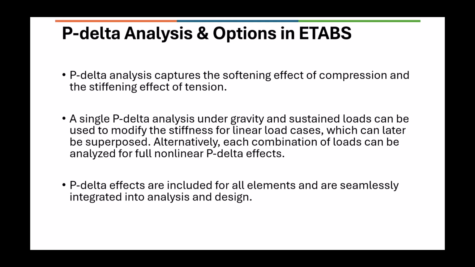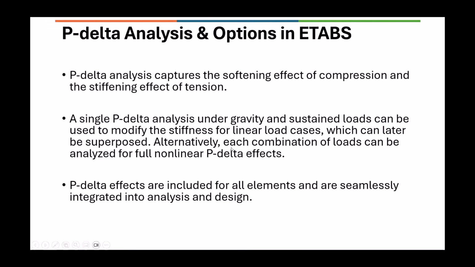So our recommendation was to use the sustained loads, which are the dead loads and live loads. And we are combining this with the lateral load, and with dead load and live load, the combination load factor would be 1.2 as per the Indian code. So we recommended this 1.2 dead load and 1.2 live load as the load for the P-delta case, right?